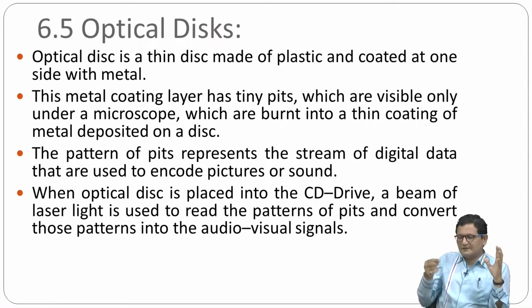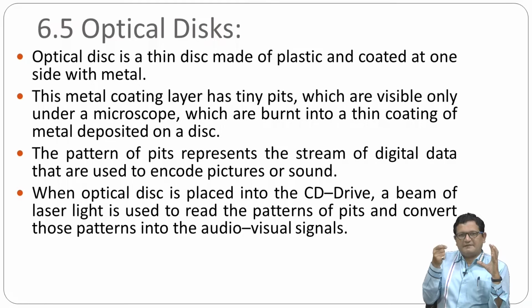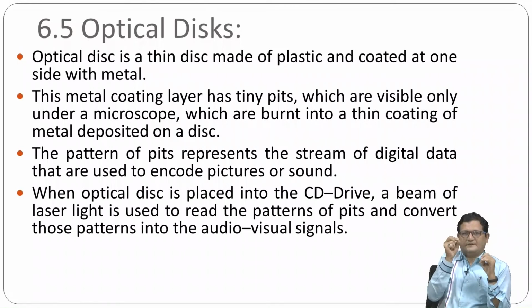If you want to write data, we use a highly focused, high-concentration laser beam. The pits are burnt, and the surface becomes non-reflective. If the surface is non-reflective, it is 0, and if it is reflective, it is 1, or you can understand it vice versa.